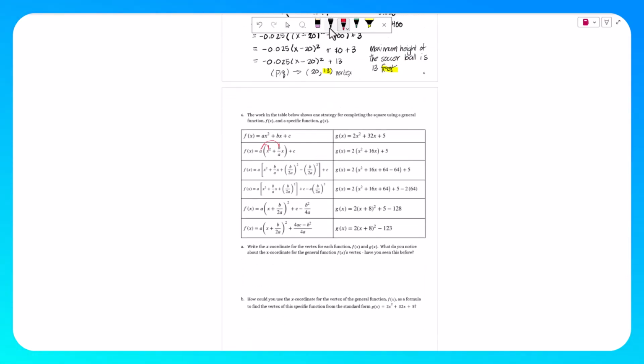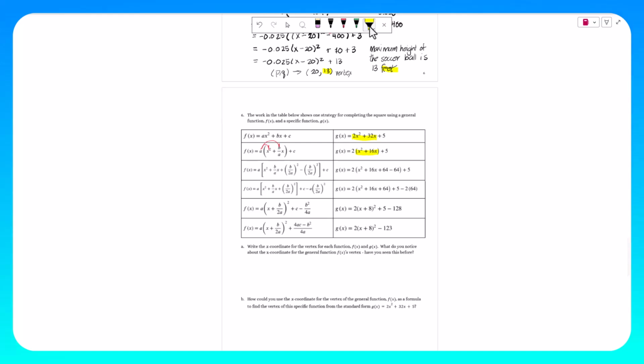And the same thing happens over in our example right over here. Notice we took out the 2 from the first two terms, and really what we're doing is 32 divided by 2 is 16. So that's where that comes from.